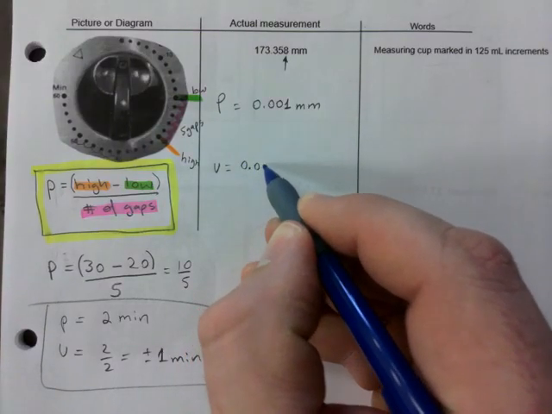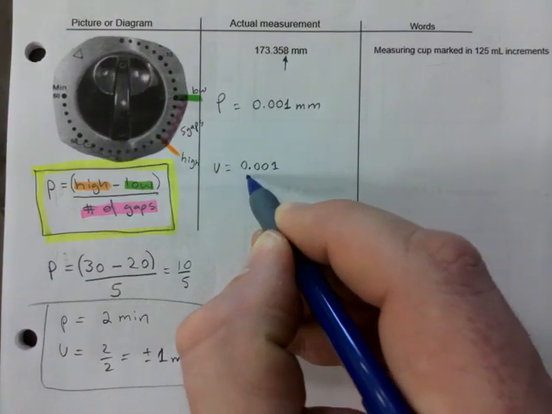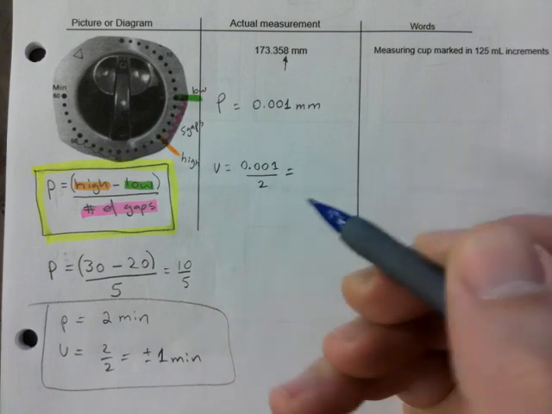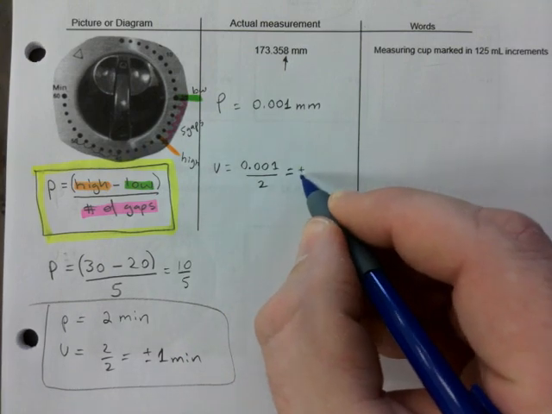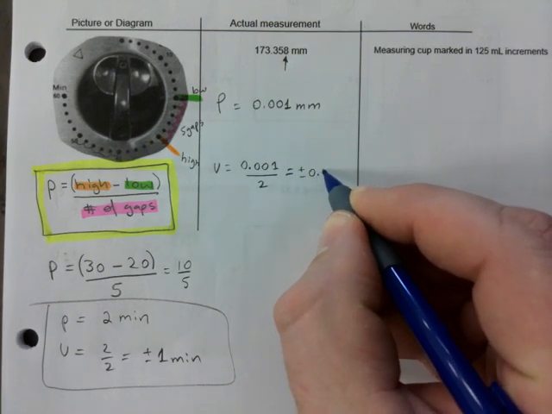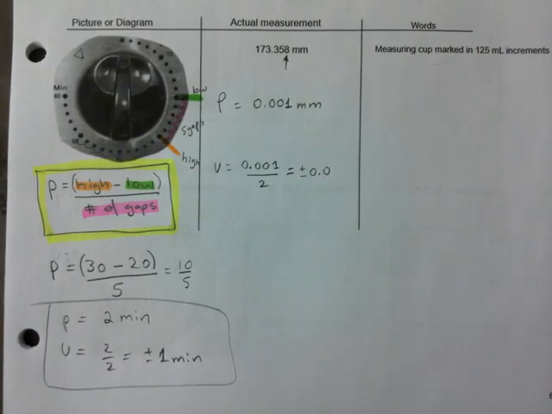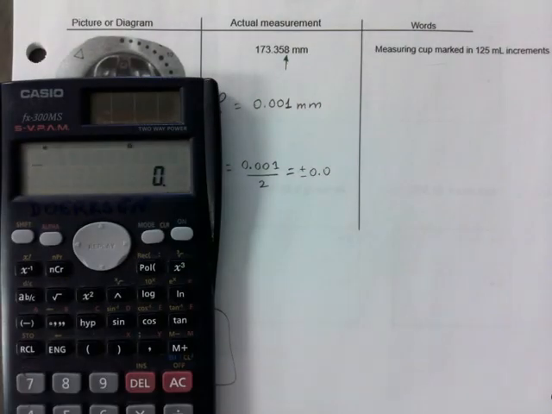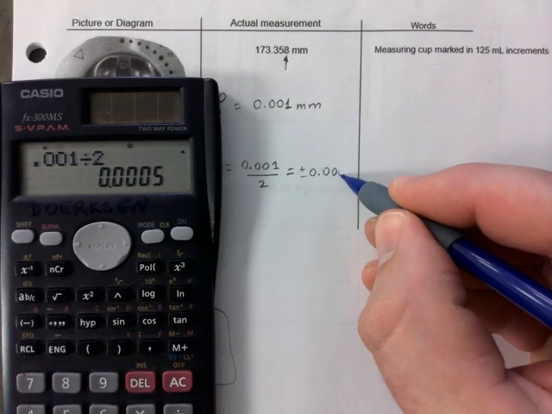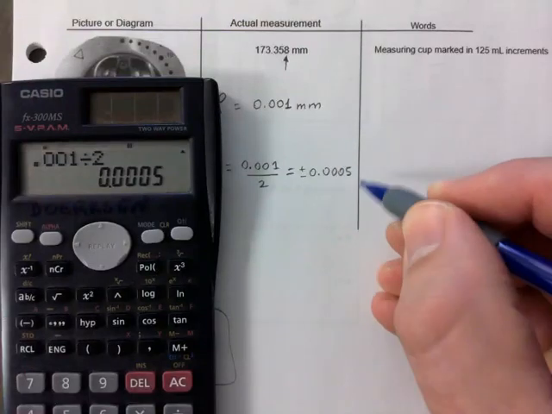Uncertainty, 0.001 divided in half. What do you get there? 0.0. I'll show you before I do it, because sometimes students are thrown off by as many zeros as it can't be right. Yes, it can, right?